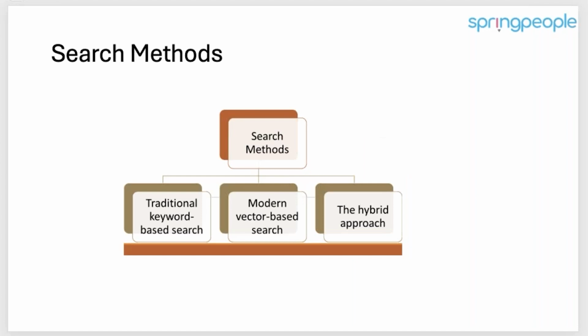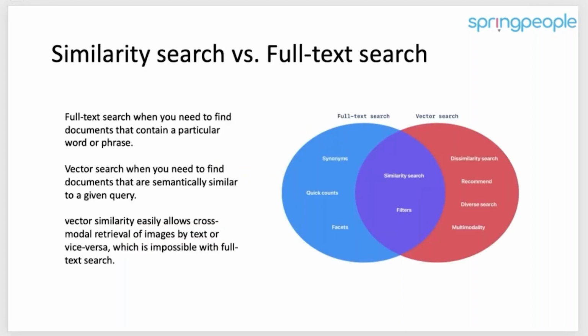Okay, so search. There are different forms of search. There is traditional keyword-based search, there is modern vector-based search, and you also have hybrid search. We will look at them at the end. I presume you are pretty much familiar with the idea of full text search and similarity search. When you do a full text search, you need to find documents that contain a particular word or phrase, which is deterministic.